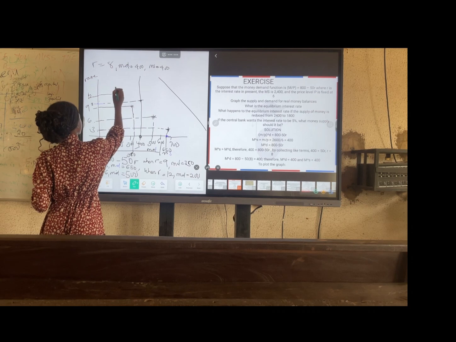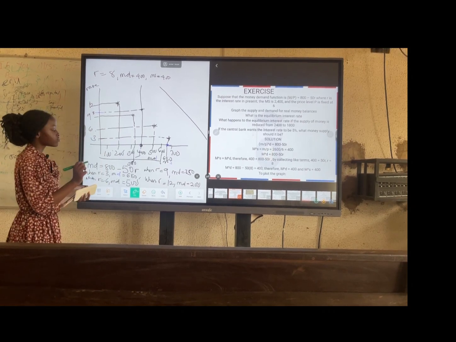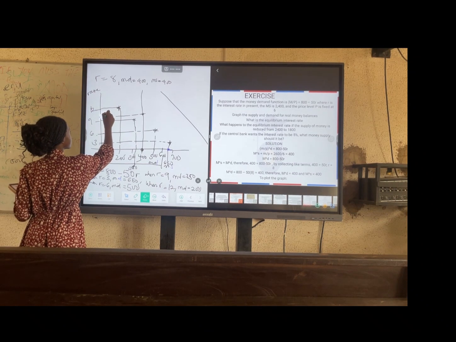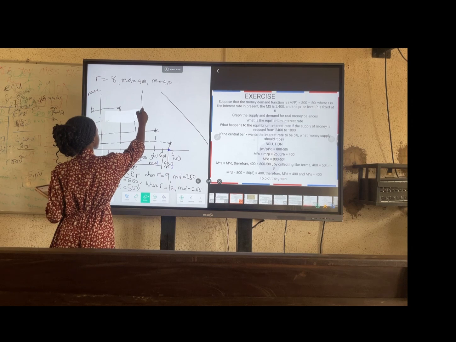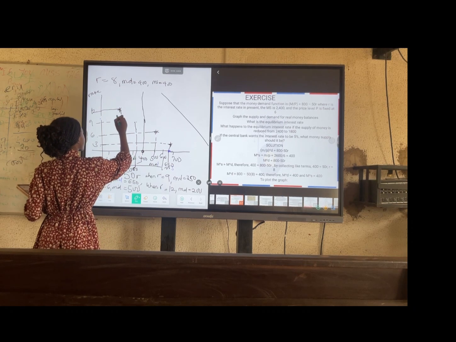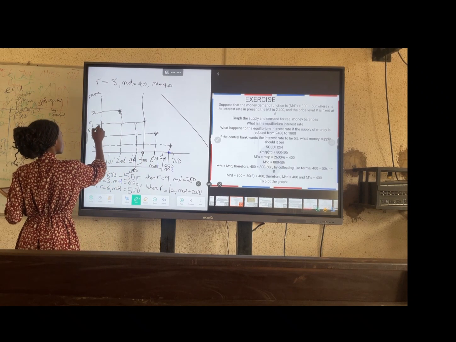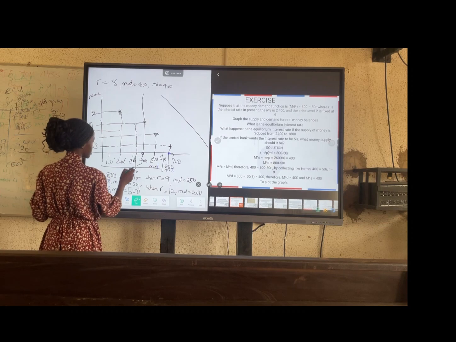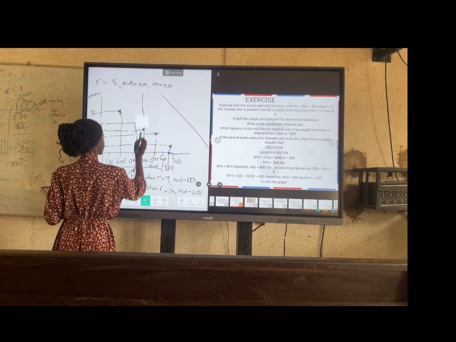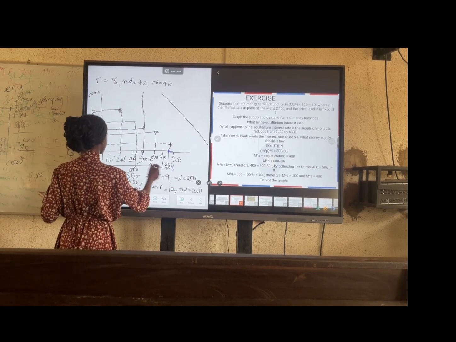Mind my drawing. I made a mistake. It is supposed to be somewhere here, and it is 400. And 9 is with 350.